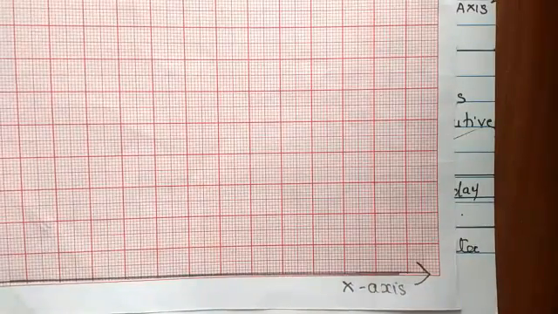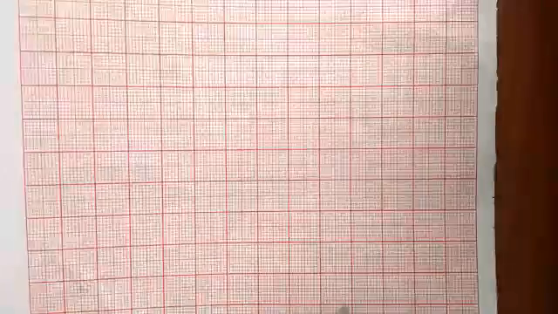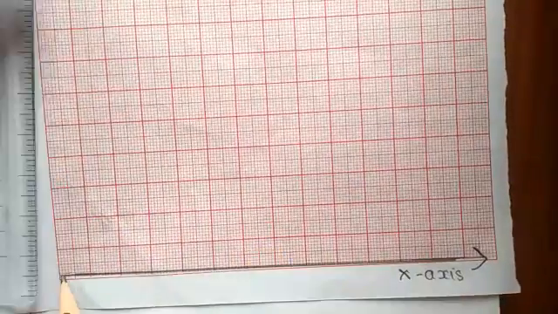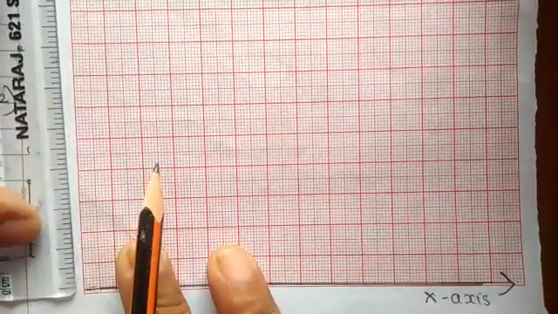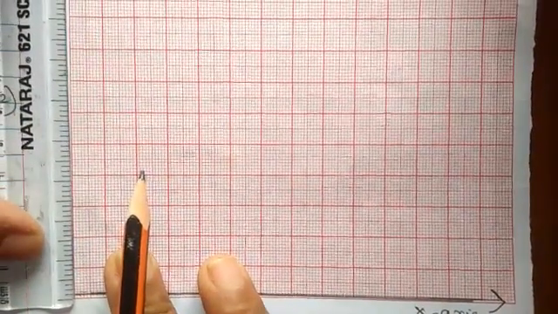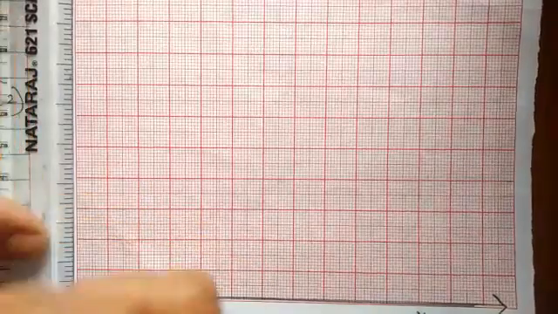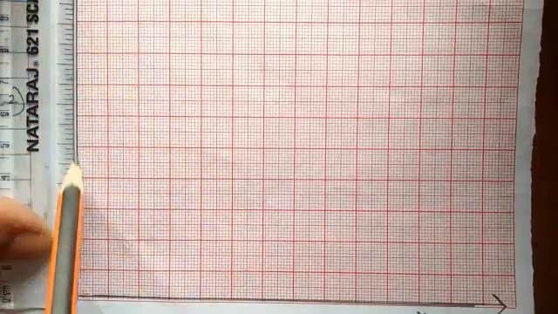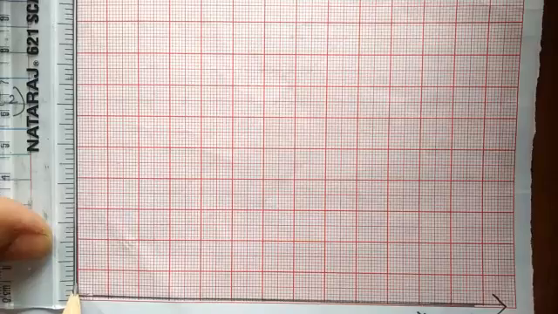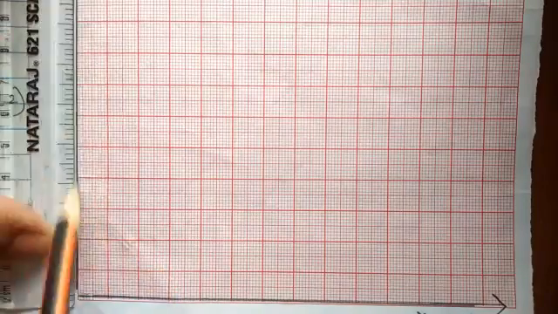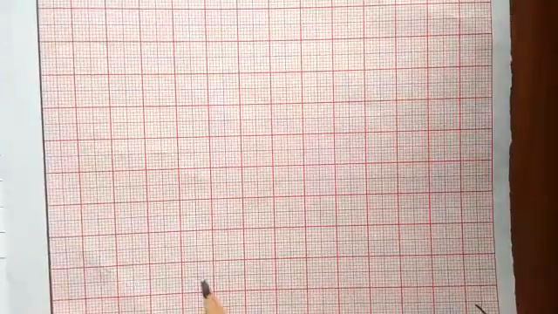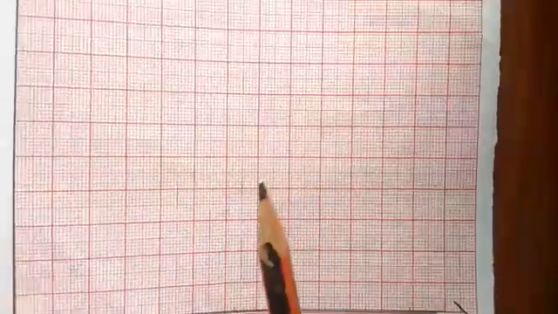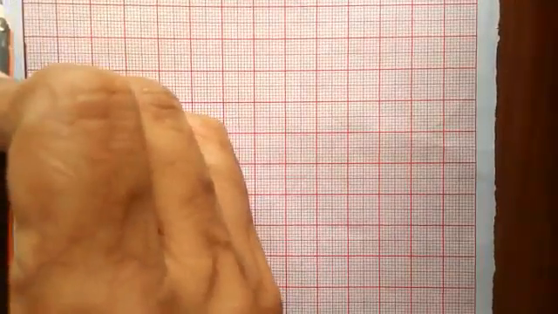And from the position of the line itself we draw the vertical line. Okay, this is the vertical line and this is the horizontal line. So we mark it as y-axis.